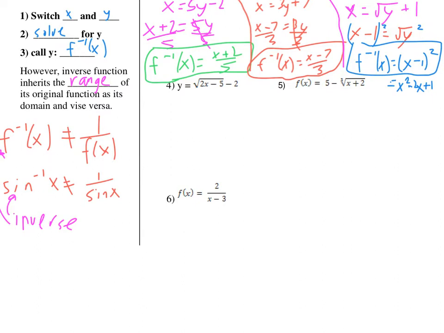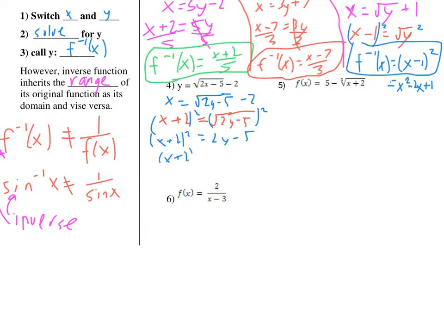All right, next up, number 4. Same idea here. We'll go ahead and switch x and y. So x equals the square root of 2y minus 5, minus 2. And we'll add the 2 over. And then I would square both sides. And so we got 2y minus 5 equals x plus 2 squared. And then I would add the 5 over.